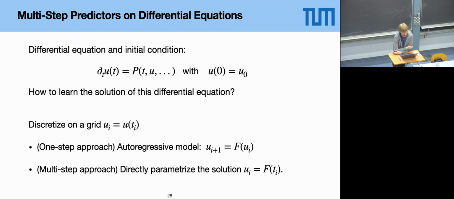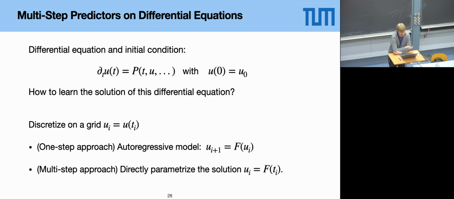The one-step approach, again, would be autoregression. You train a model that inputs the last field values, and you get as an output the new ones. The multi-step approach would be to directly parameterize the solution: you train a model that depends on the time step you're interested in, and you output directly the field configuration at that point in time.